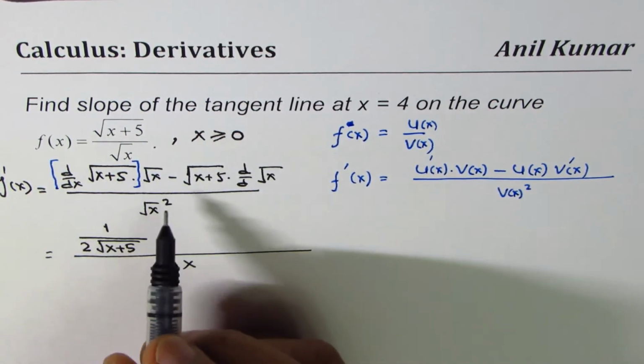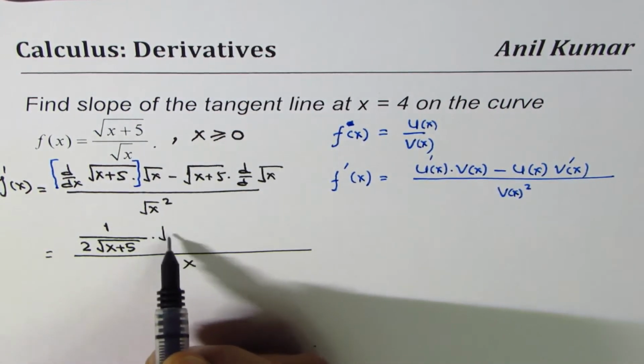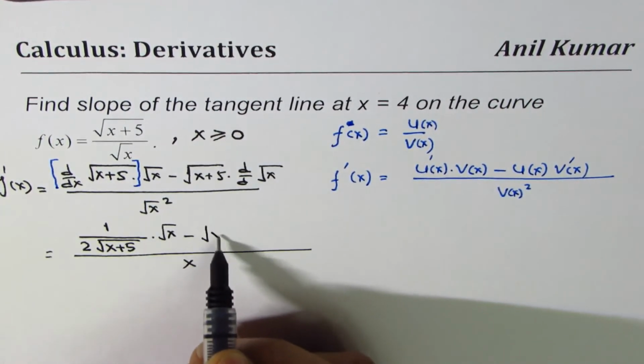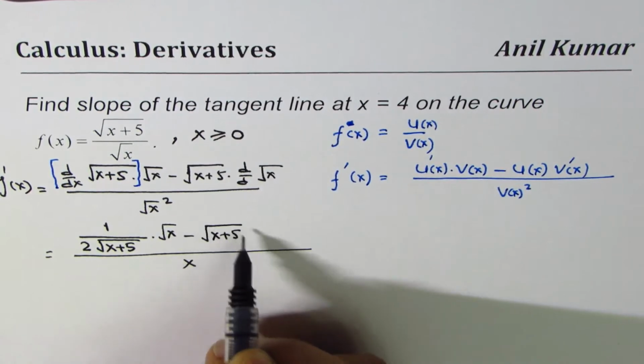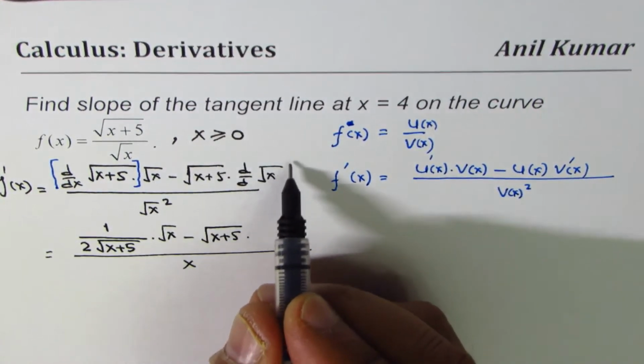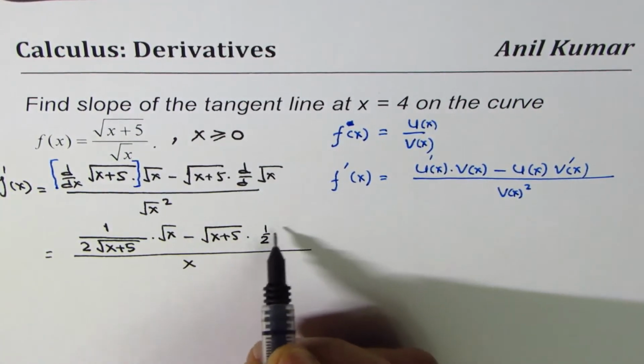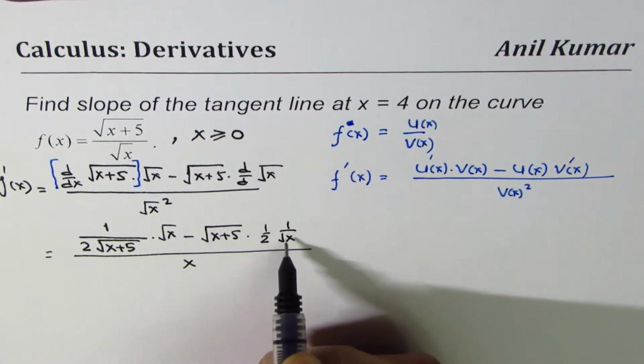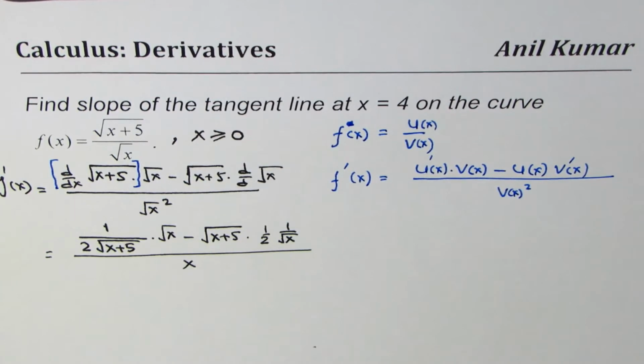You could do it separately also. Times square root x, minus square root of x plus 5 times, again, x to the power of half, which gives half, and then half minus 1 is minus half, so 1 over 2 square root x. So that's what I used here. So that becomes the derivative.